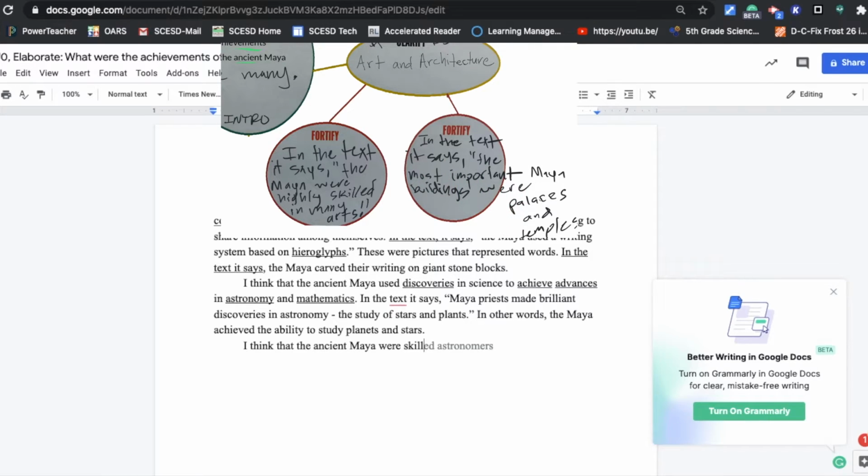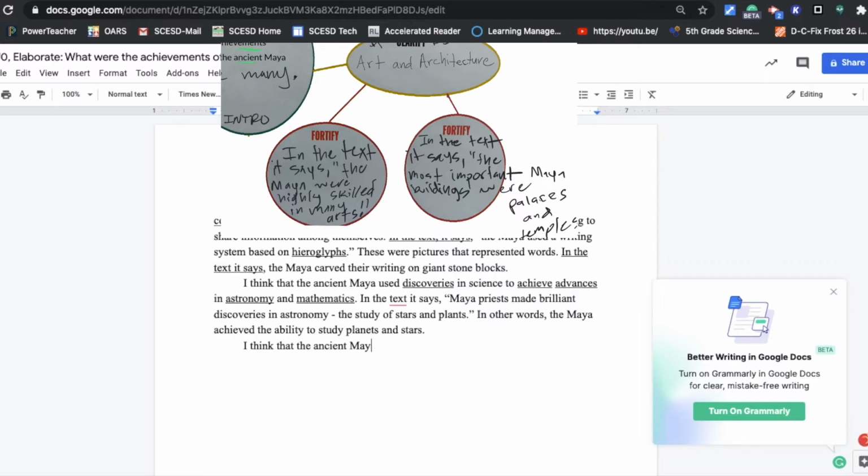I think the ancient Maya used art and architecture to achieve, I don't like that.